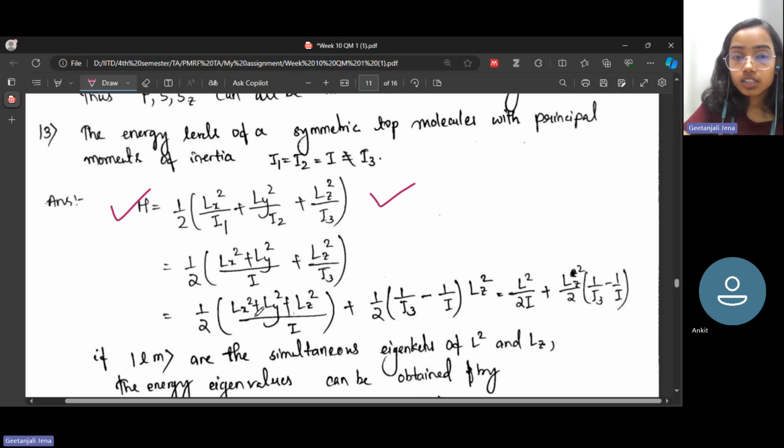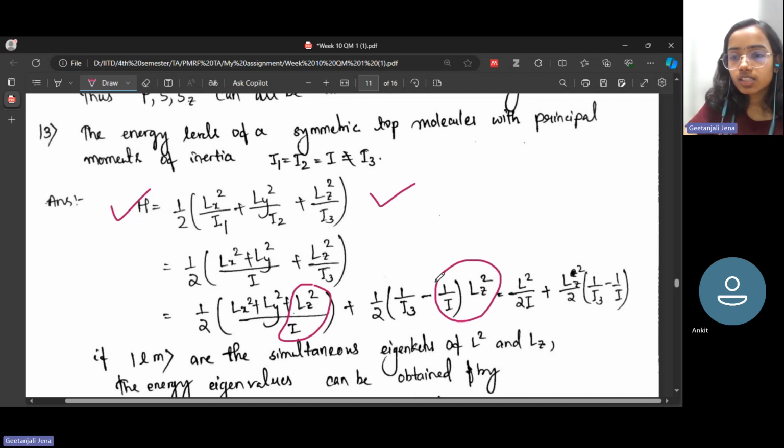Similar to the previous question, I have told you to express the terms in terms of the operators whose eigenvalues are known to you. So you have to express Lx square and Ly square in terms of L square and Lz. What I have done is I have added Lz square by I here and subtracted Lz square by I here.